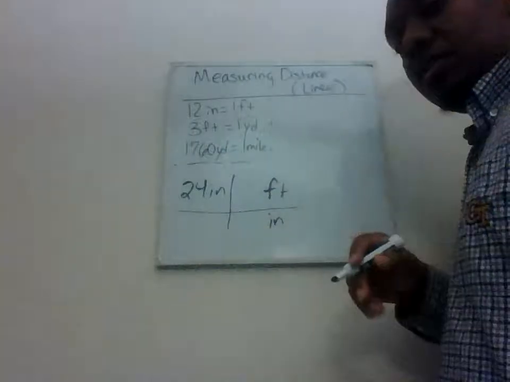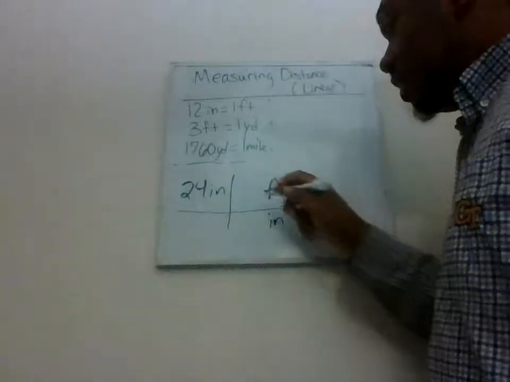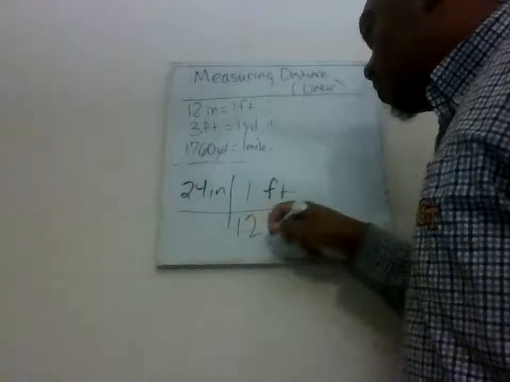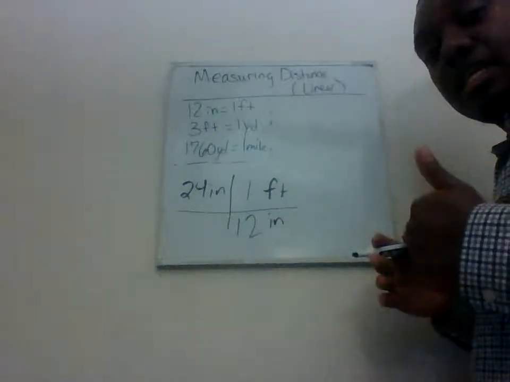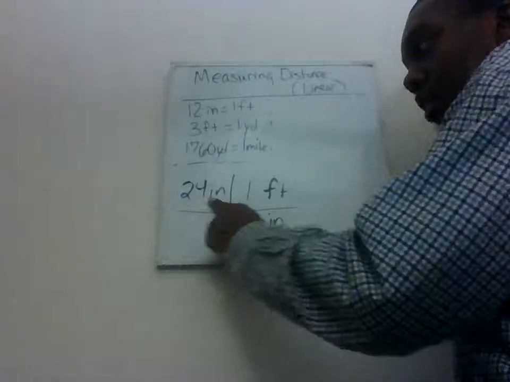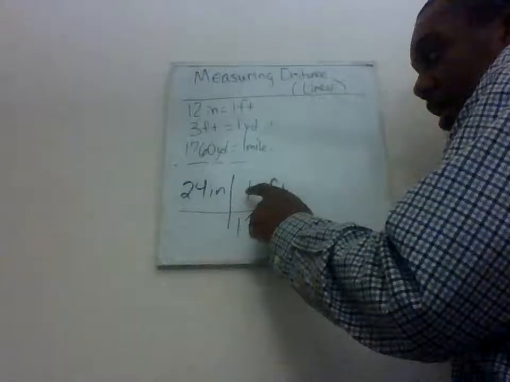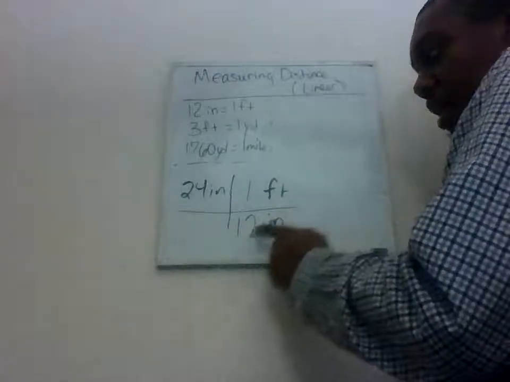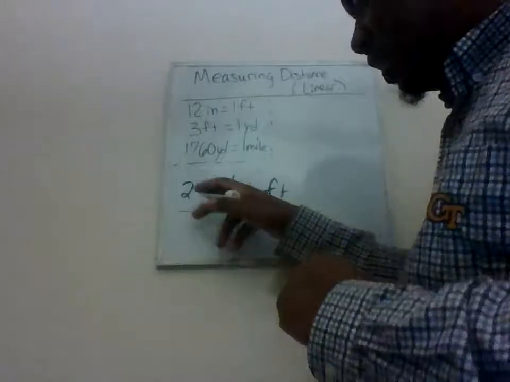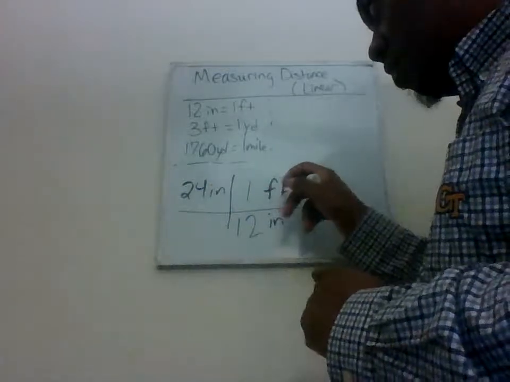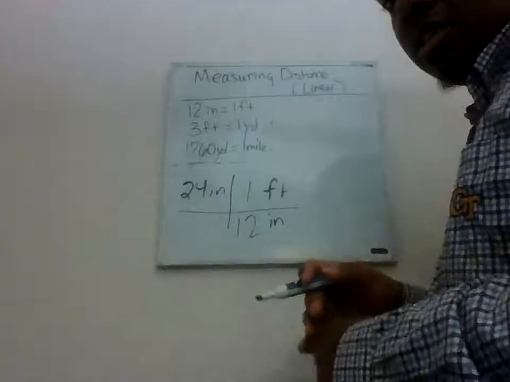Well, how many feet are equal to an inch? How many inches are equal to a foot? So I have 1 foot. I have 12 here. This is kind of set up like a fraction. That's because it is. We're just taking 24 inches and we're going to multiply it times 1 foot divided by 12 inches. Or if you were to look at this as a fraction, this would be 24 inches times 1 foot over 12 inches.